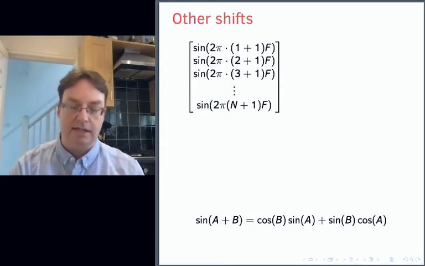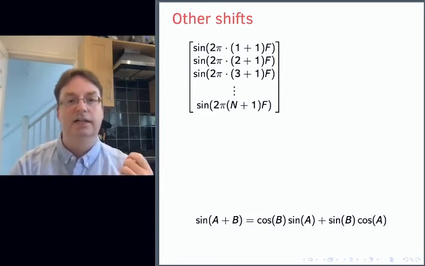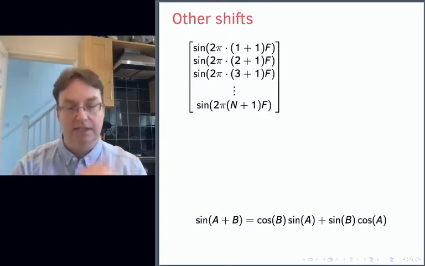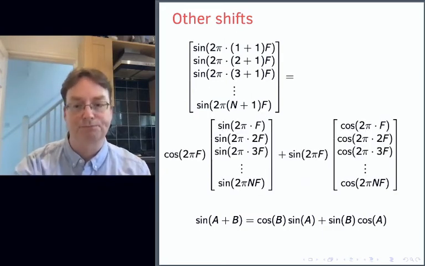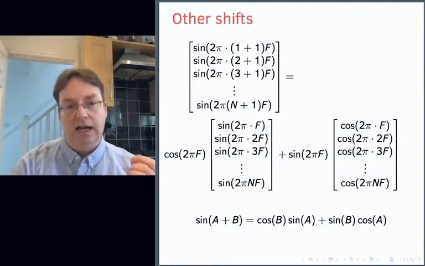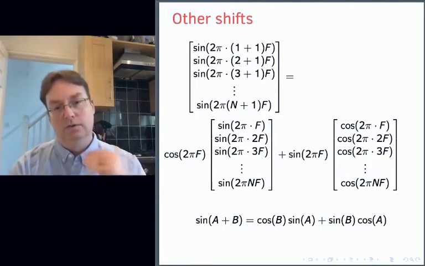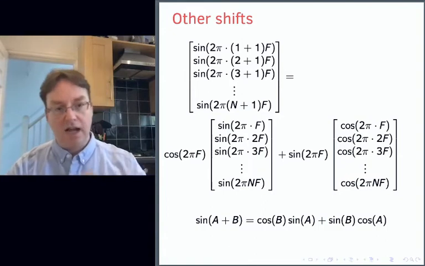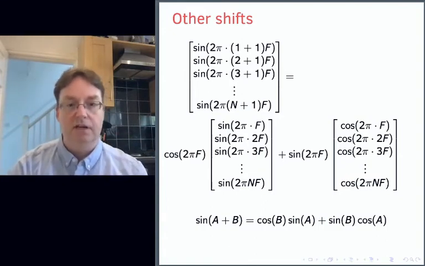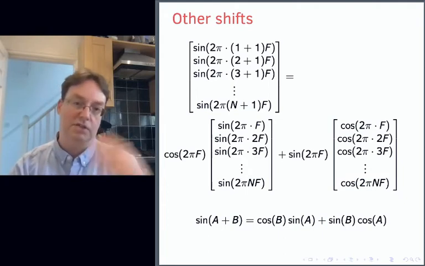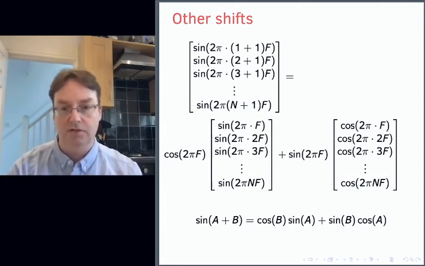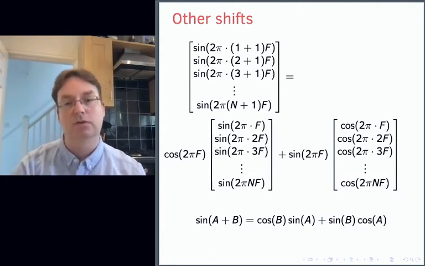And then the formula says I can write that as cosine of 2 pi f times sine of 2 pi times 3f, and then plus the same thing but with the a's and b's switched around. And notice that all the way through this I'm going to get a cosine 2 pi f term plus a sine 2 pi f term, and then I'm going to get varying terms of sine 2 pi 3f and cosine 2 pi 3f and so forth.